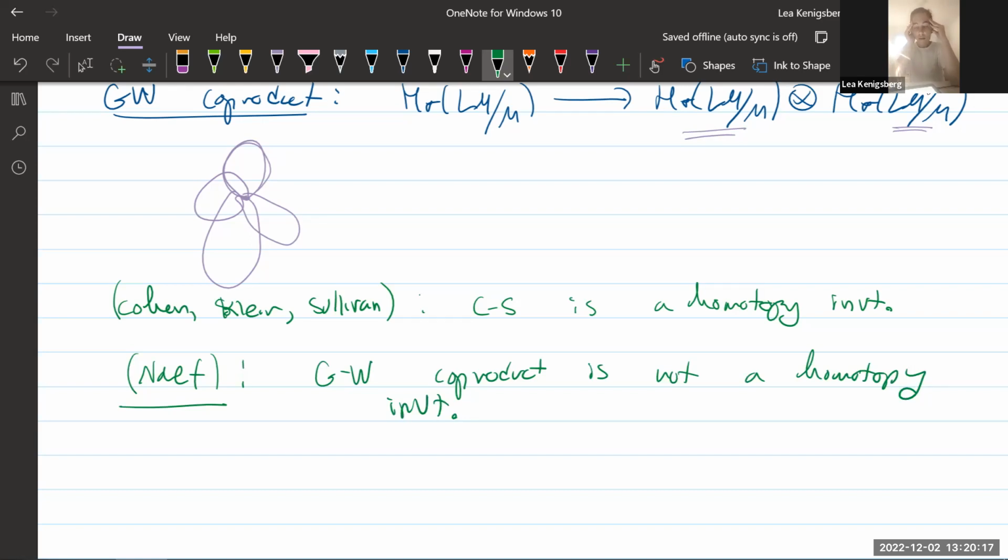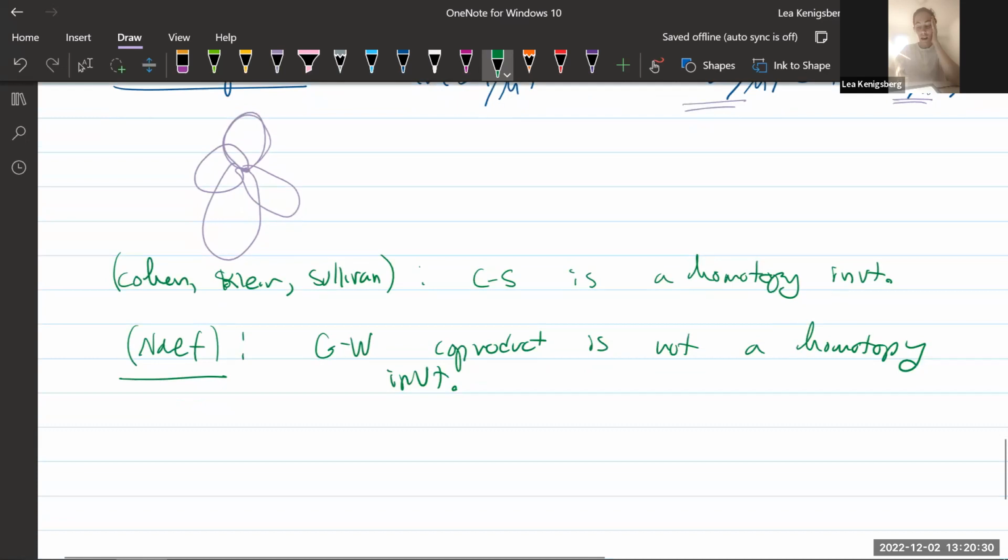This shows you that, at least already on the free loop space, coproduct structures are more interesting than product structures. But Florian actually conjectures what this coproduct structure can detect.